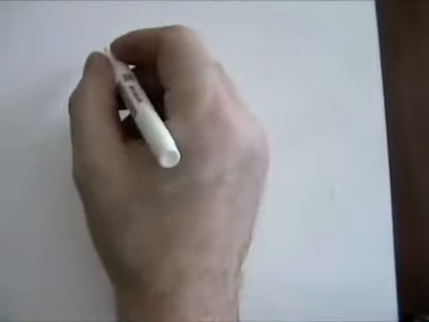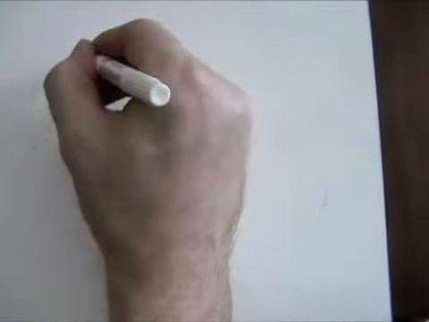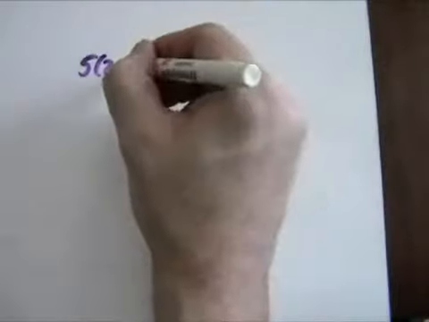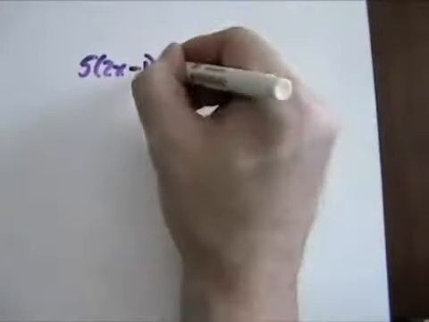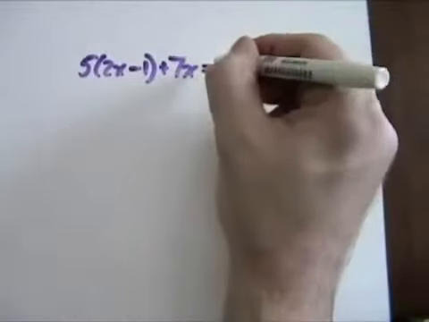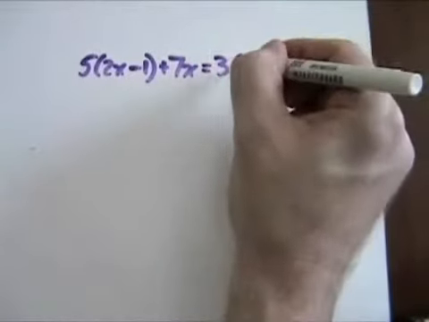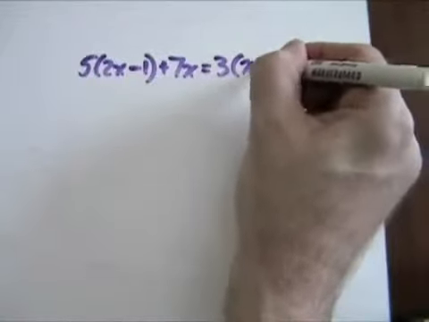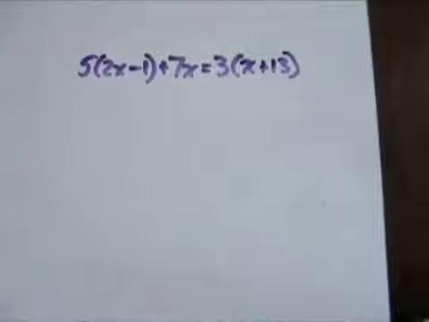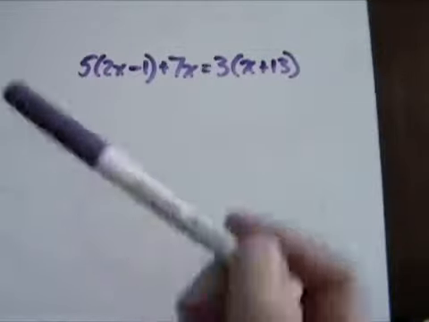Other things include problems like, we'll take one of the larger ones here. We'll take 5 times parenthesis 2x minus 1 parenthesis plus 7x equals 3 times parenthesis x plus 13 parenthesis. Suppose we wanted to solve that. We know methods to do this.